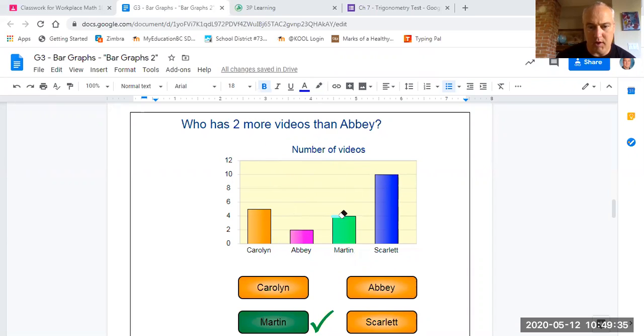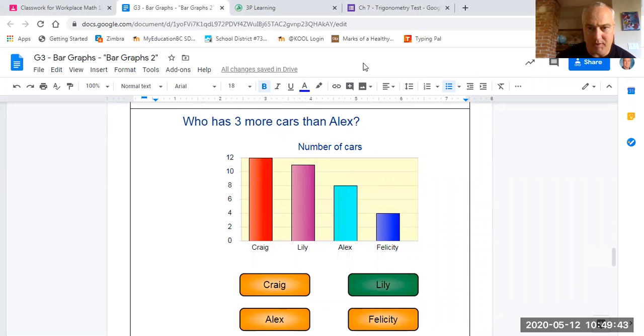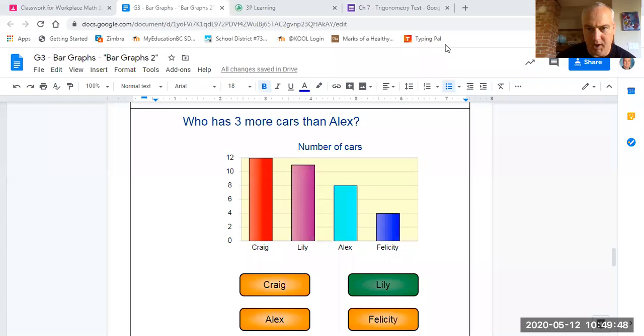Let's take a look at a couple more examples quickly, and then you should be able to start working on your Mathletics. This one says, who has 3 more cars than Alex? Alex here only has 8. Hopefully you can see that. That's the number 8 running across here.